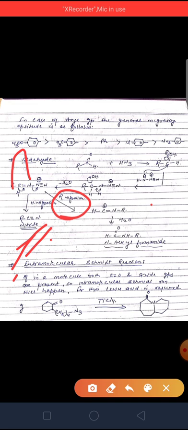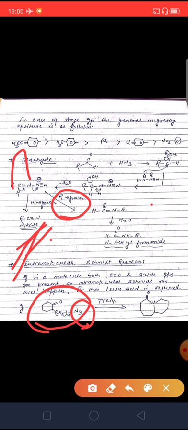Before coming to that one, I will discuss the intramolecular Schmidt type of reaction. For example, this is a particular case in which we are having the carbonyl group and we are having the azide, N3 group, also here. So in this case, this particular molecule can undergo the intramolecular Schmidt reaction, and for this reaction the must requirement is the presence of the Lewis acid.